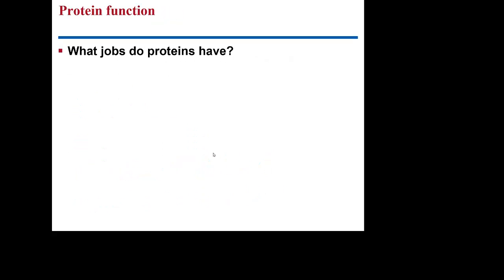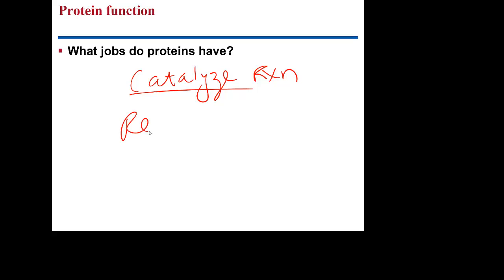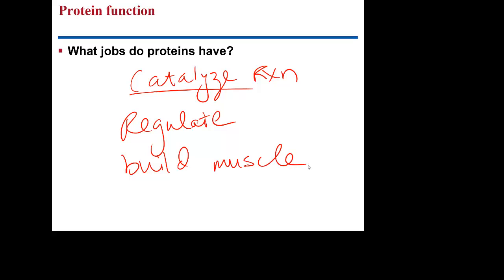They can catalyze reactions. What does it mean to catalyze a reaction? Makes it go better. It can regulate things in your body. It can build muscle, right? There are all kinds of things that proteins are going to be able to do for us.